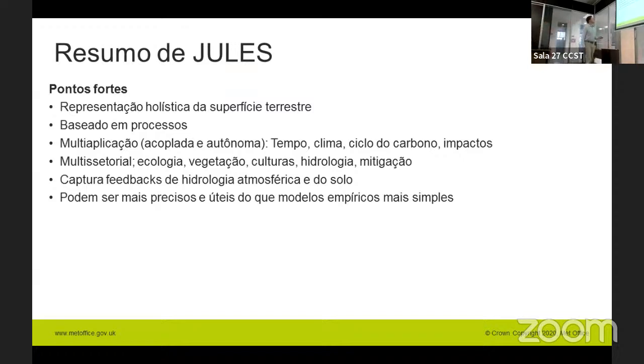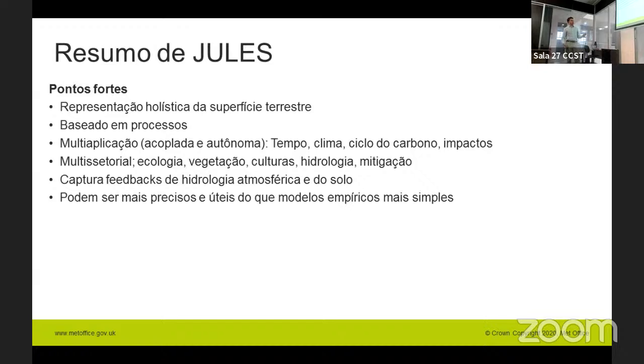So just a brief summary of JULES. Basically, it's quite holistic. It's got a lot of processes. There are multiple applications you can look at. It's multi-sectoral, so you can look at impacts and other things.